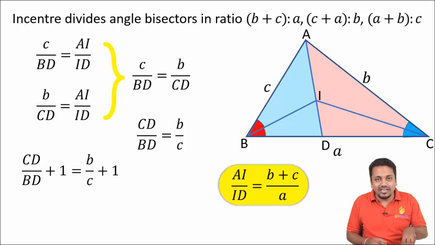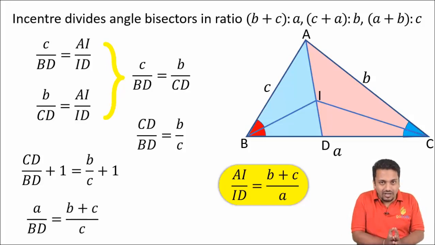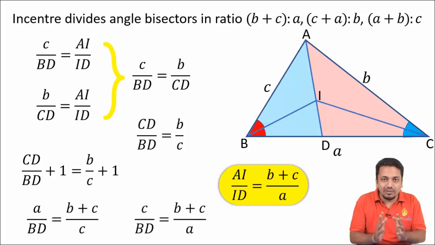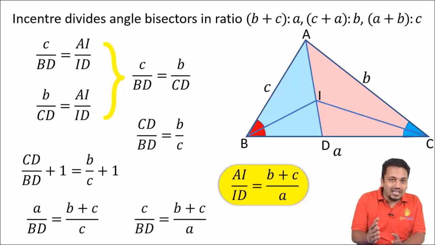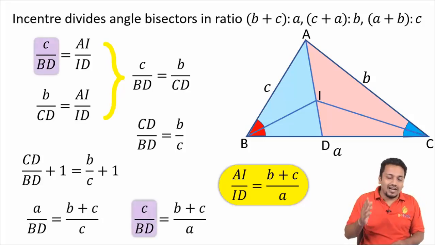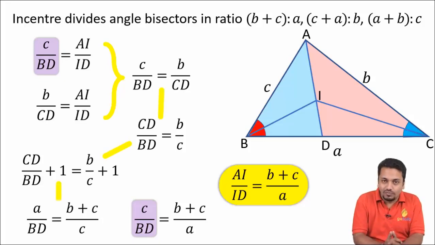In the left hand side we get CD plus BD, that is A upon BD, which is equal to B plus C upon C. Again transpose, cross multiply. This C upon BD is nothing but AI upon ID. Replace it and get the final result. Too many steps are involved. This is the flow.